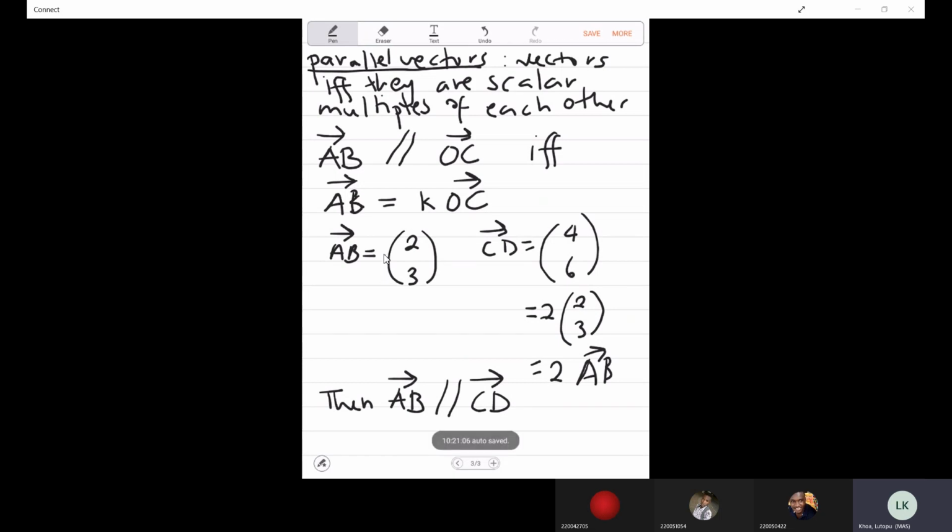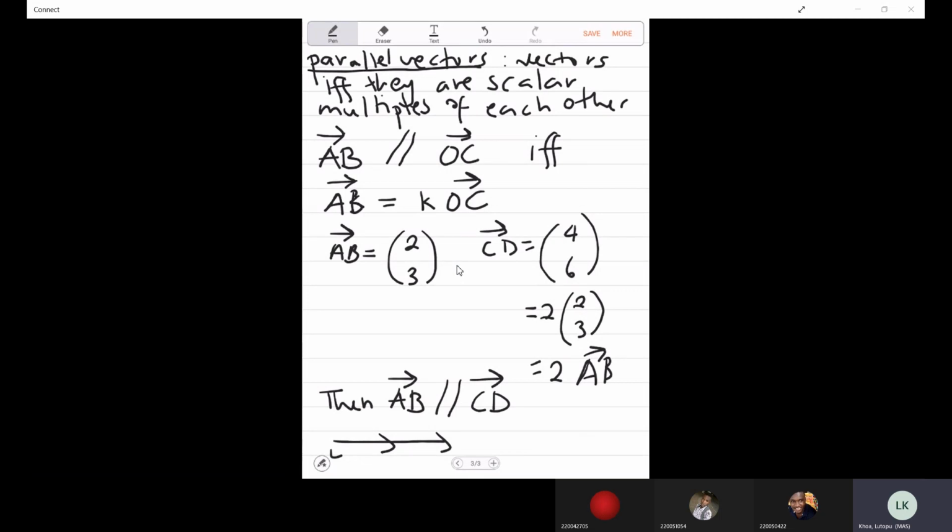Then there's also collinear vectors. Now, collinear, like we did with coordinate geometry, we said vectors are collinear if they must have a point in common. So if I have this is one vector, and then I have another one.